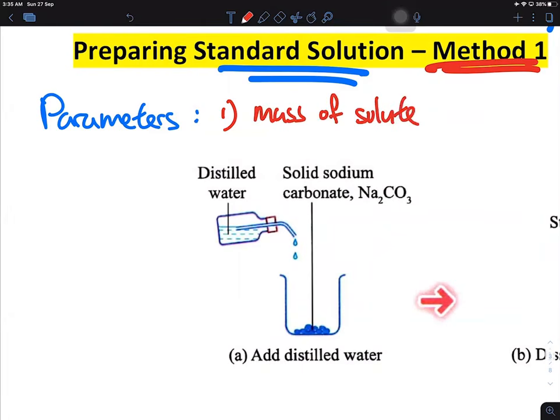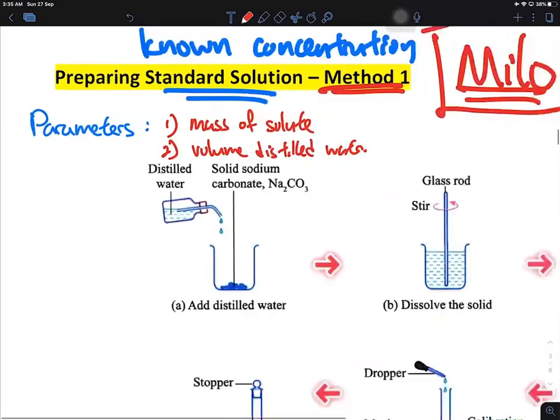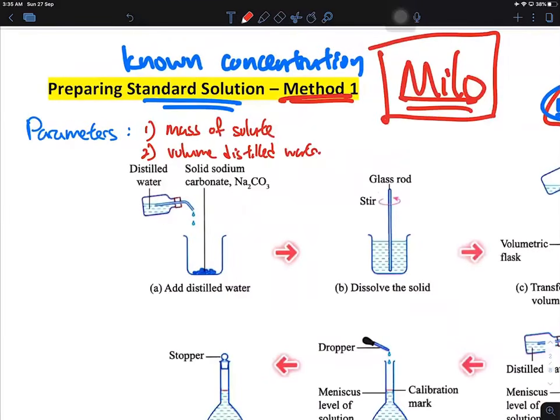That means today when you want to make a cup of Milo, you got to know how much Milo powder you have to use. And then the volume of distilled water. So these are the two important things in making a cup of Milo. How much Milo and how much water is going to decide whether your Milo tastes nice or not.